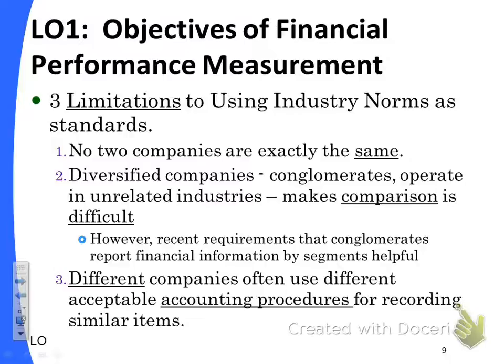So for instance, later on when we get into our inventory evaluation and analysis, if one company uses what we call a LIFO inventory valuation method, last in, first out, their assets for their inventory levels are going to be different than a competitor who might use a FIFO, first in, first out inventory valuation.